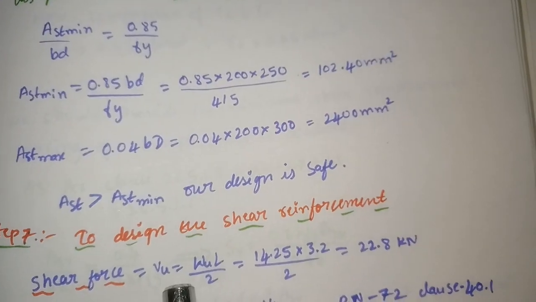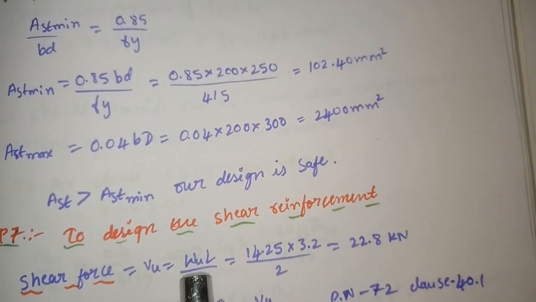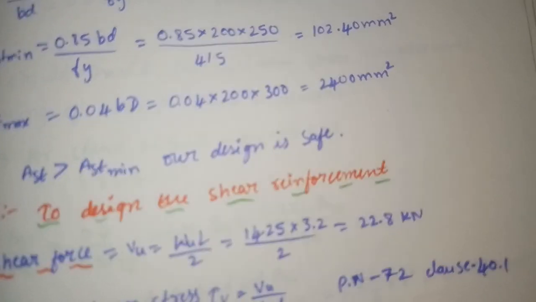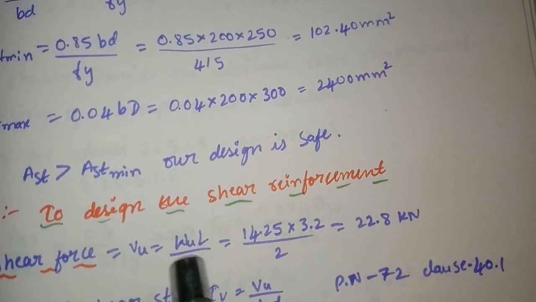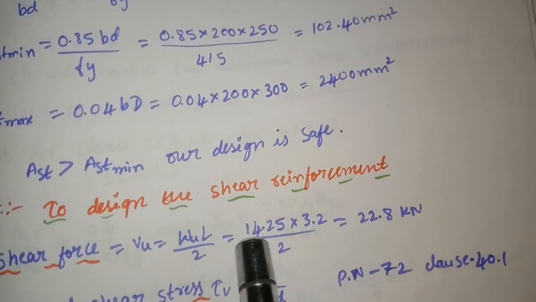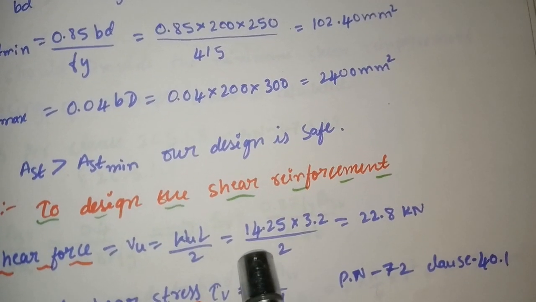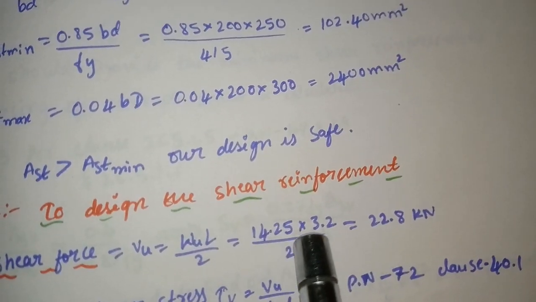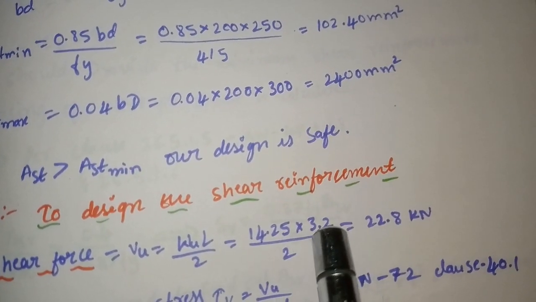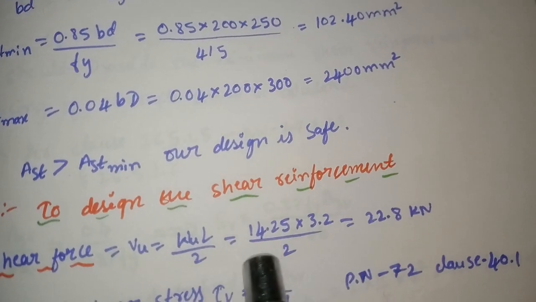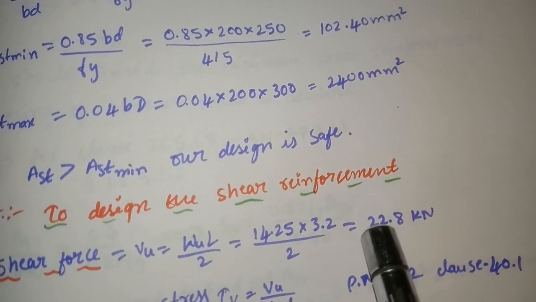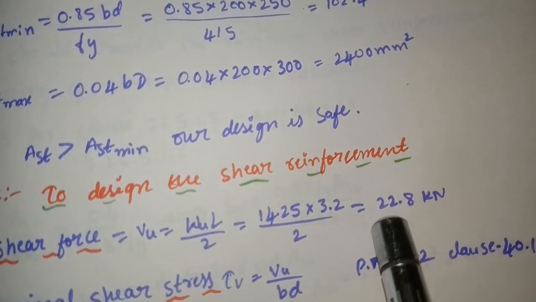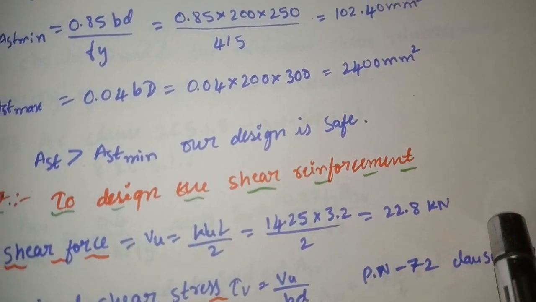For that we have the formula WL divided by 2. Substitute all the values: our factored W value we got is 14.25, our L value is 3.2, divided by 2. After simplifying, we'll get our shear force value as 22.8 kilonewton.